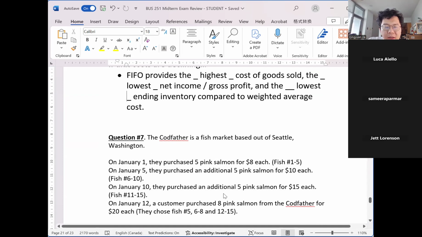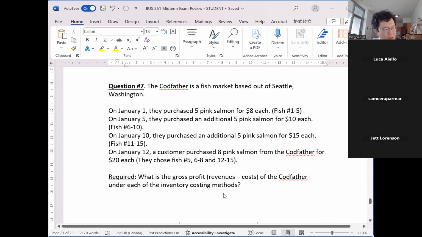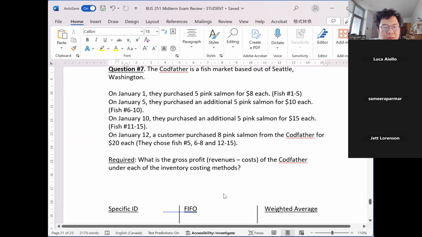Okay, let's have a look at the last question. The Codfather is a fish market based out of Seattle, Washington. On January 1st, they purchased five pink salmon for $8 each. On January 5th, they purchased an additional five pink salmon for $10 each. On January 10th, they purchased an additional five pink salmon for $15 each. On January 12th, a customer purchased eight pink salmon from the Codfather for $20 each.